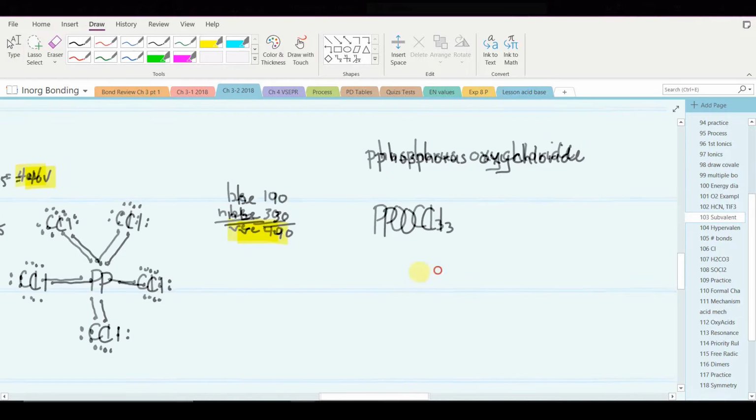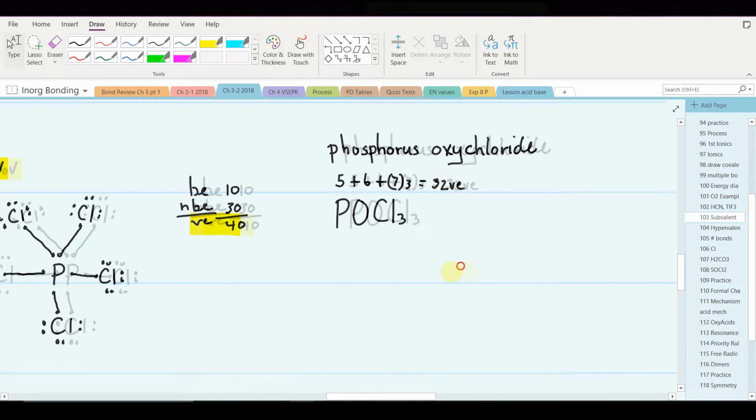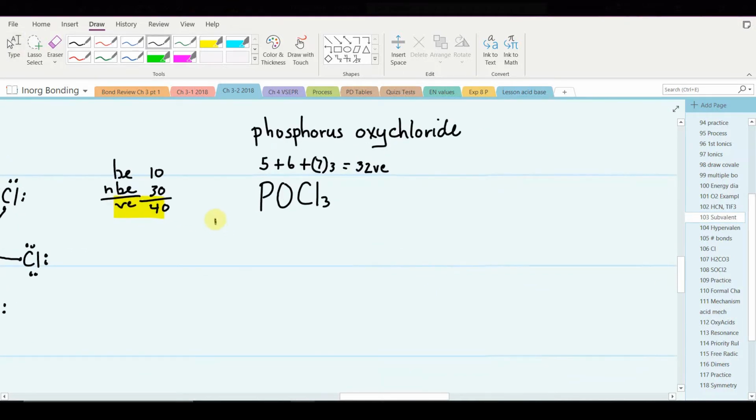So let's see, that's 5 electrons plus 6 electrons plus 7 times 3 is 21, plus 11 looks like 32 valence electrons. Now in the structure, electronegativities please, 2.1, 3.5, 3.0. Phosphorus is least electronegative, it'll be central.